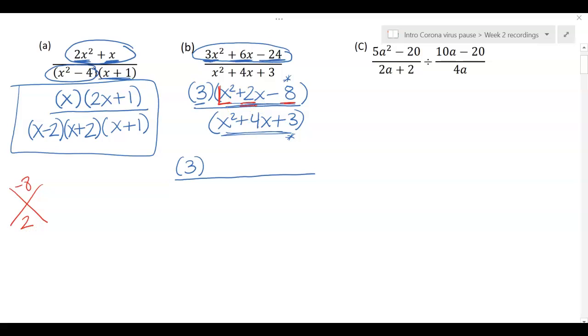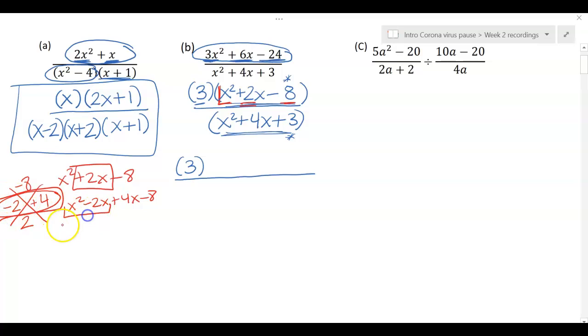So are there two values that multiply to make negative 8 and add to make 2? And so we would say something like 4 and 2, where the 2 is negative and the 4 is positive. So that x squared plus 2x minus 8, we're really now going to think about as x squared minus 2x plus 4x minus 8, like this. The 2x got replaced by a more complicated version with two parts so that we could factor by grouping.